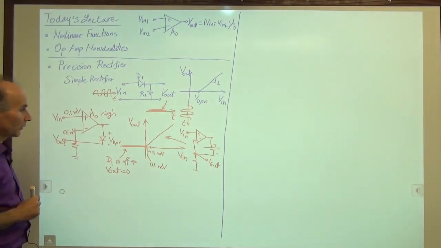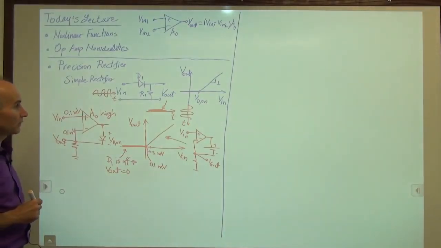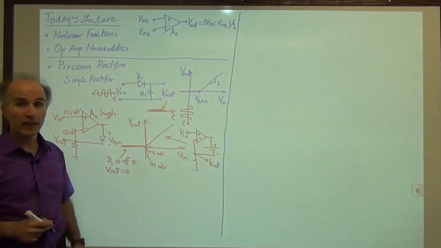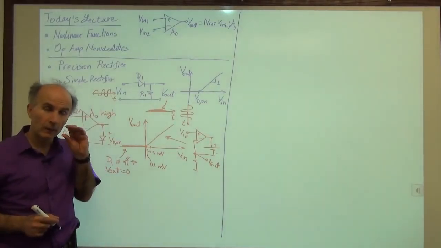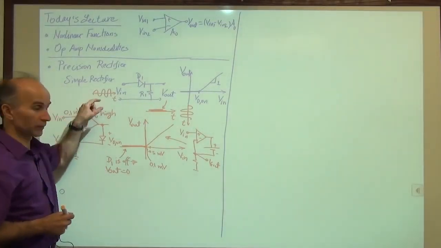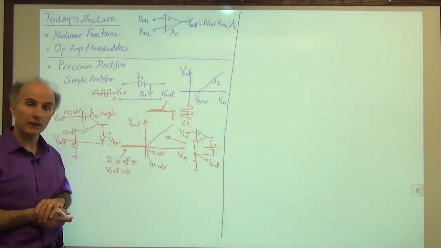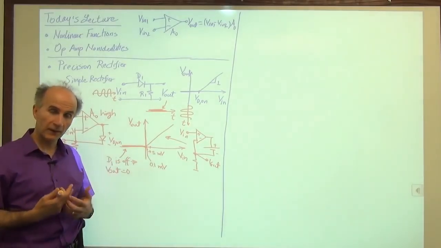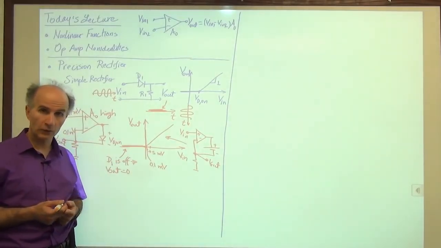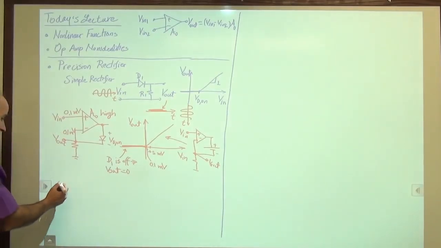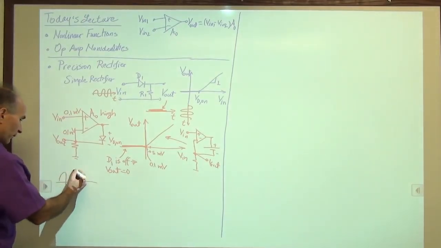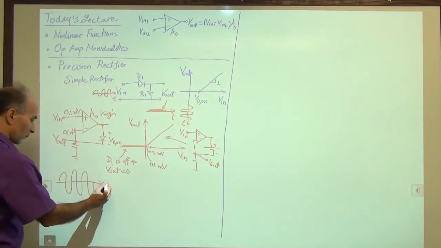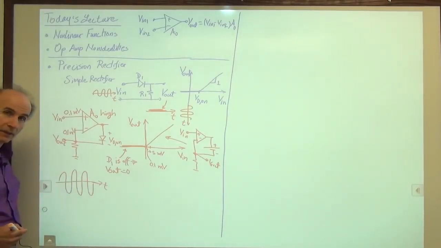All right? Okay. So that is what we call a precision rectifier, and it is used in applications where we have a small signal and we are interested in finding its amplitude. If I give you a sinusoid and I say build some sort of circuitry that determines the amplitude, how would you do it? Well, with linear operations it is difficult to determine this amplitude, so we have to have some nonlinear operation.